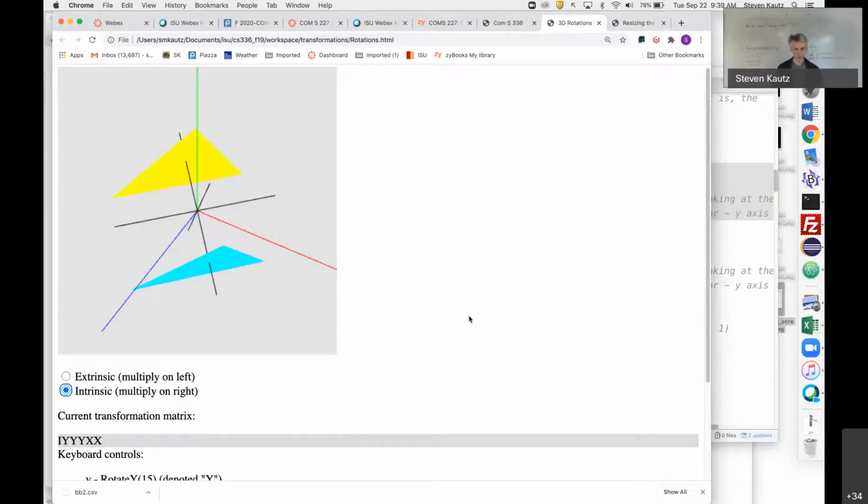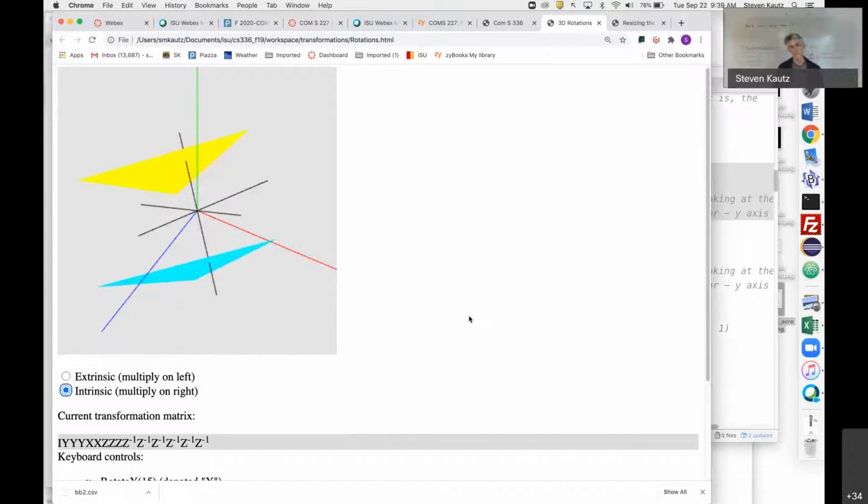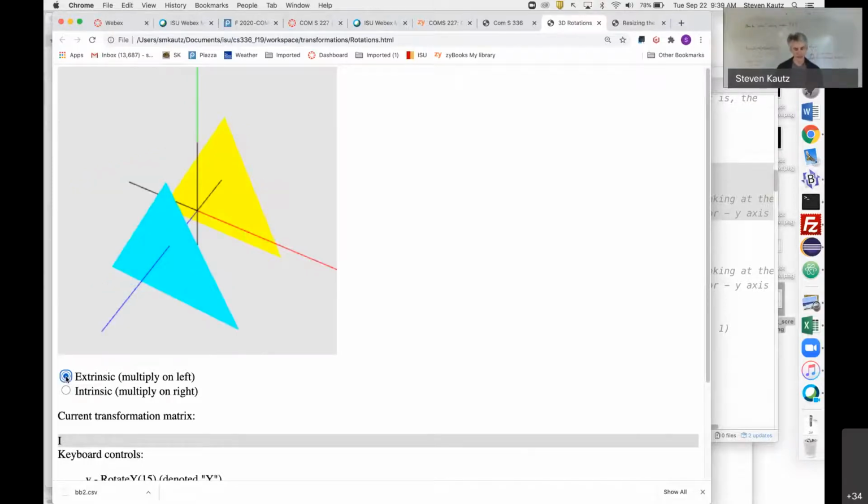And then when I do a roll, it's going to rotate with respect to the current z-axis. That's the natural way to think about a head, a pitch, and a roll. And I can get the same effect doing it extrinsically if I just do it in the opposite order. In other words, I do the roll first, then the pitch, and then the head angle.